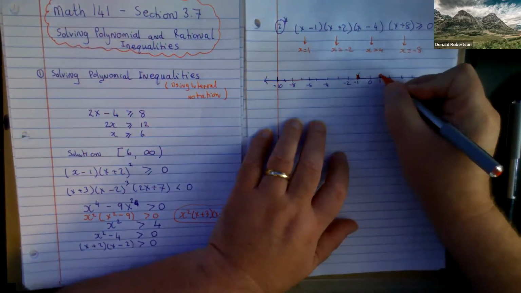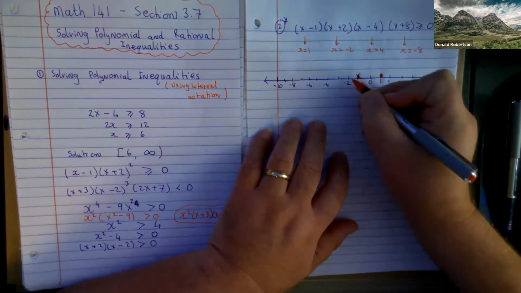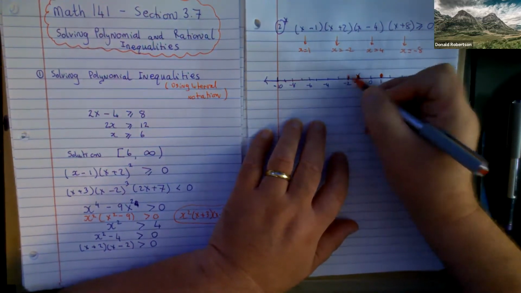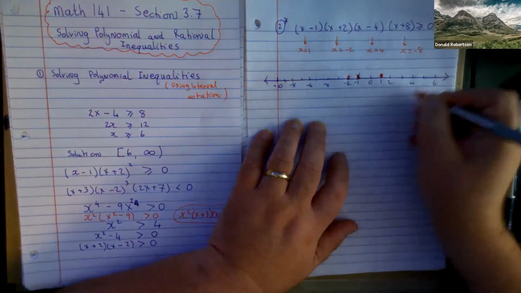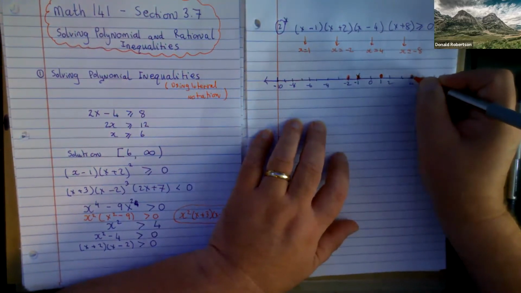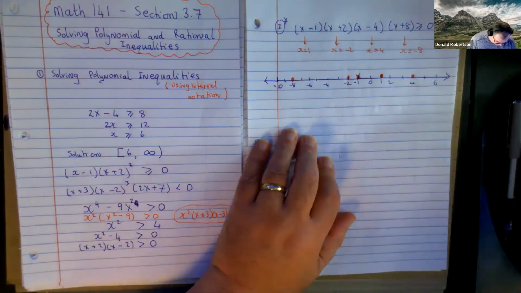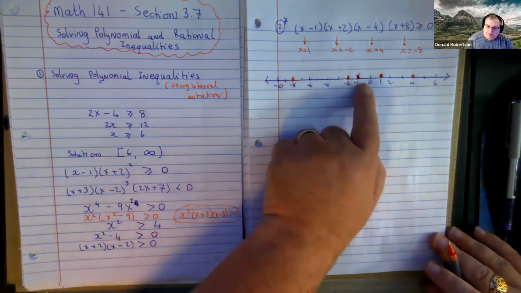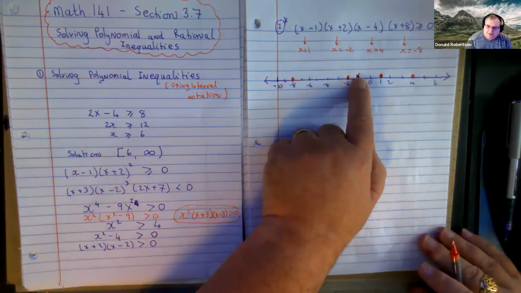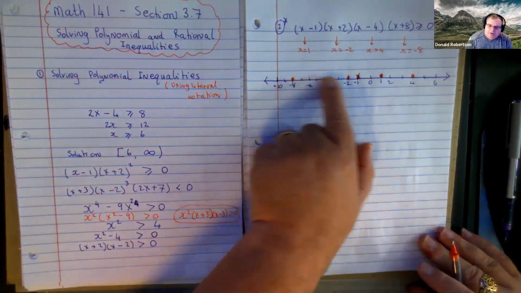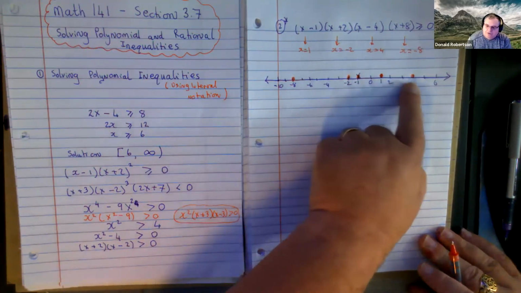There's 1, that's good. There's -2. Here's 4. And away over here is -8. We good? There are only 4, right? That one is, 1 is, and 4 is.